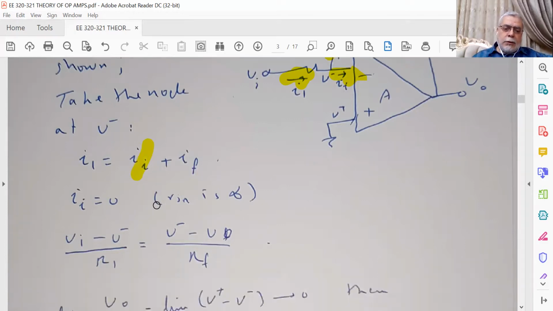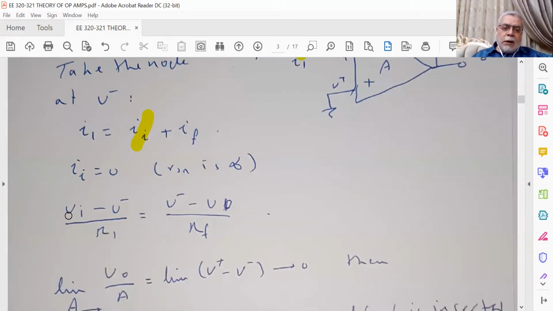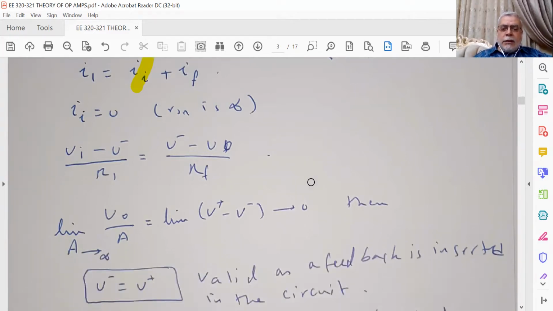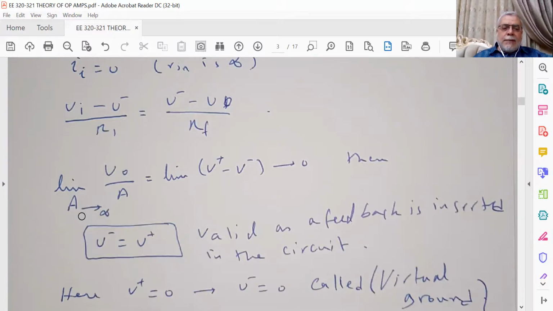II is 0. So (VI minus V minus) divided by R1, which is I1, equals (V minus minus VO) divided by RF, which is IF. Now if we take the limit of VO divided by A as A tends to infinity, this will be the limit of V plus minus V minus, because VO equals A times (V plus minus V minus).